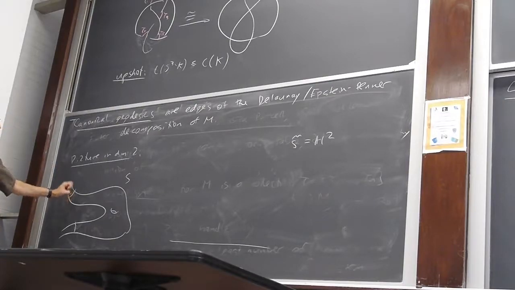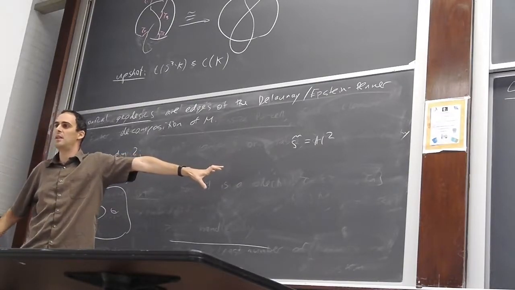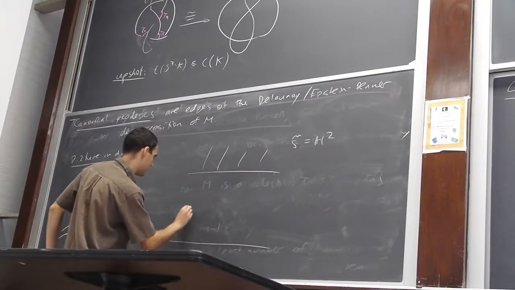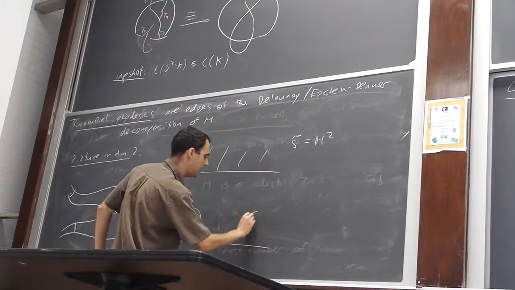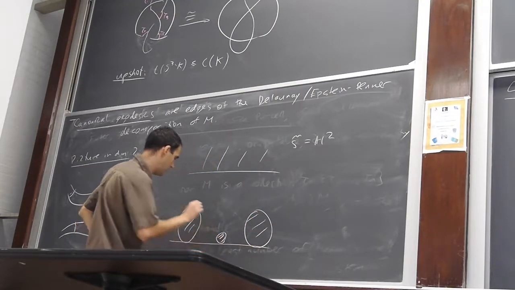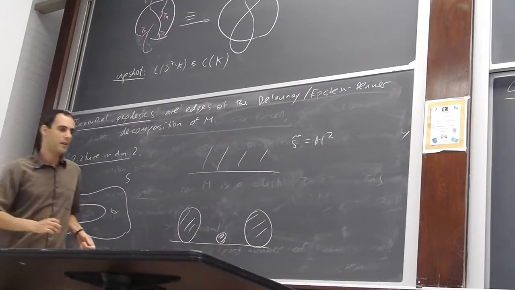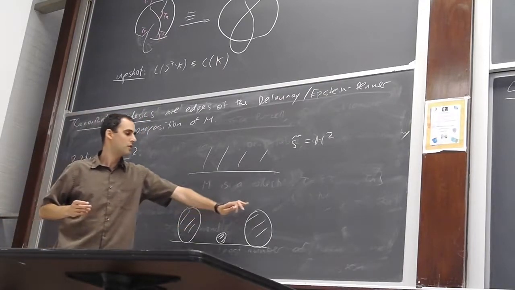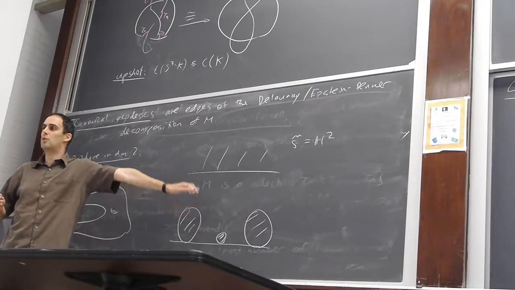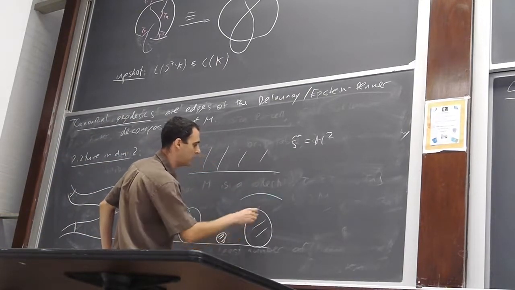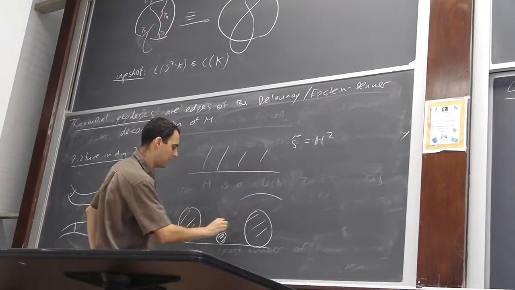And these cusps will lift to a collection of horoballs in the hyperbolic plane. So there's one horoball here, another one here, another one here, maybe a little one here. And to each of these horoballs, you associate a region which is all those points in the hyperbolic plane closer to it than to any other horoball. So these points are closer to here than to here.